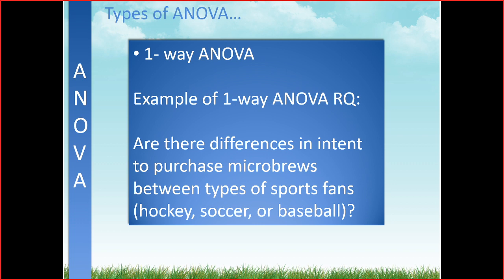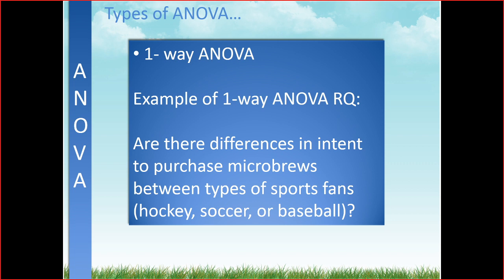So in a U.S. context, hockey, soccer, or baseball. That's really a question for the ANOVA. Our independent variable would be type of sports fan, and our dependent variable would be purchase intention.